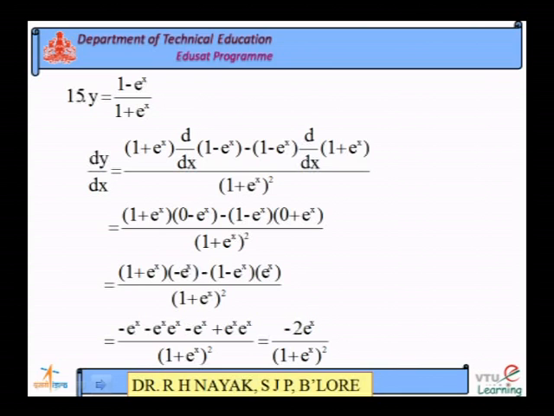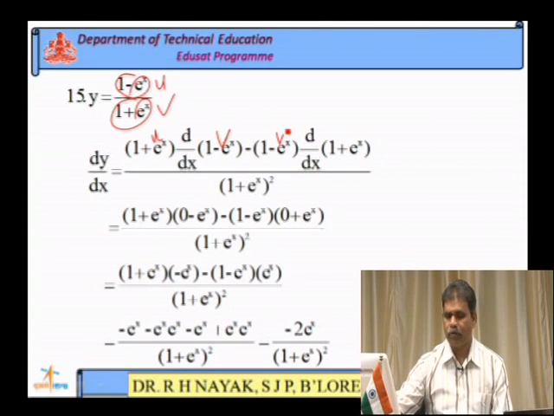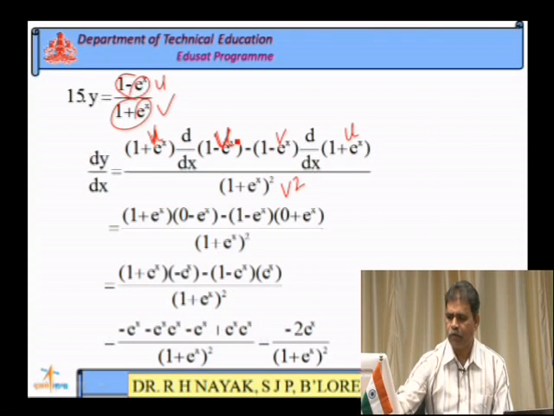Next one, it is quotient rule again. It is u, this is v, u by v: v into d by dx of u minus u into d by dx of v divided by v square.